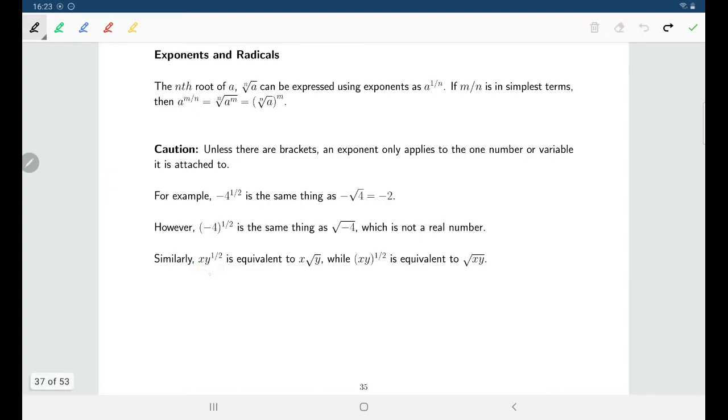But remember that if there are no brackets, that power is only attached to the y. So for this, only y would be inside the root. However, if you had brackets around it, then the power of a half applies to everybody, so everybody is inside the root.